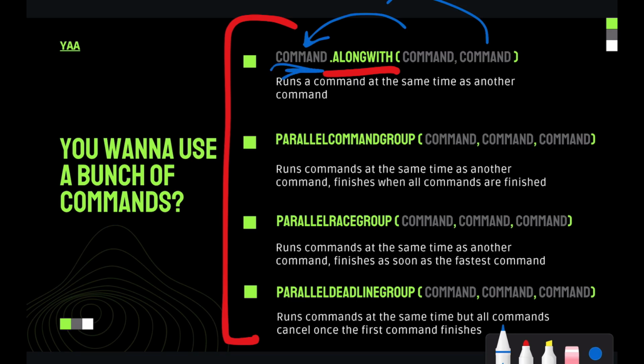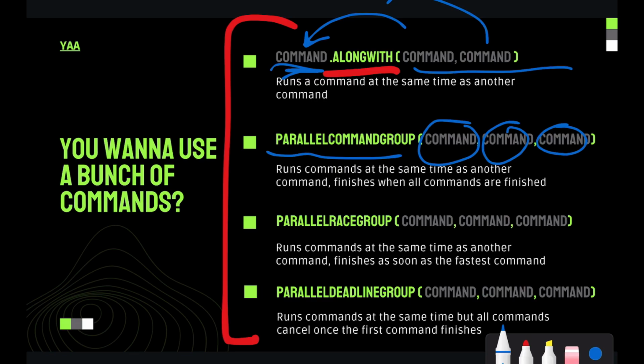And you can put as many commands as you want. You can put one command in here, you can put 3 commands in here, as long as it's just within the parentheses. This is very similar to parallel command groups. Parallel command groups are basically multiple commands, and they all run at the same time, and they finish all at the same time.